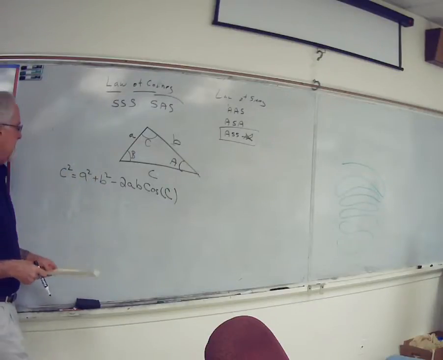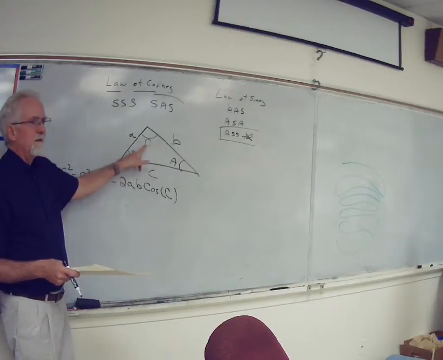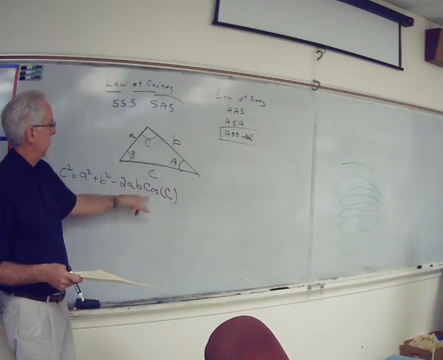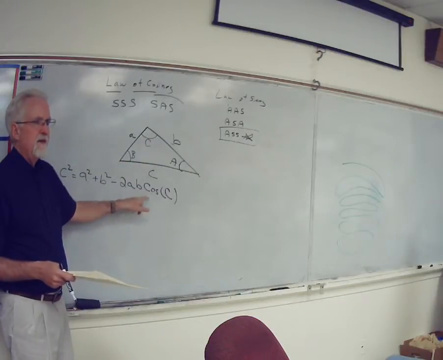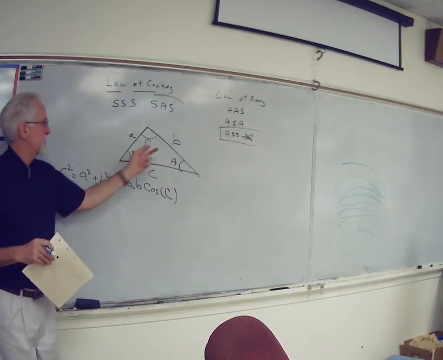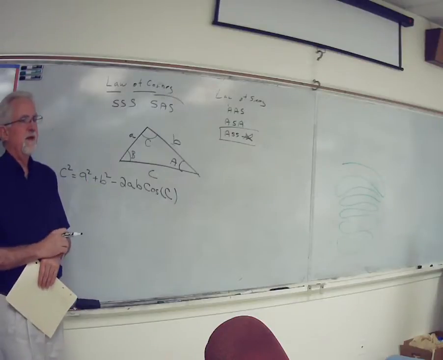Now tell me something, look at this big angle C and tell me something that would be true. What would be a possibility of a special C that you could have?